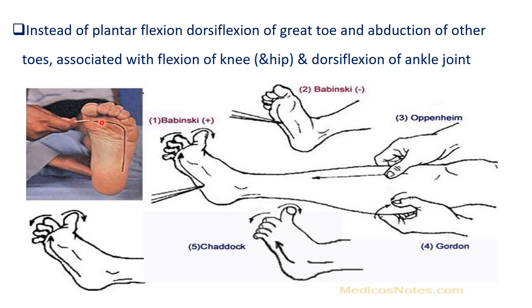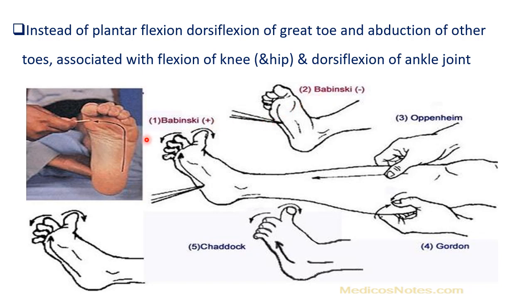The response we get in the form of plantar flexion of the great toe and adduction and plantar flexion of the other toes is known as the normal plantar reflex response. Here they have written Babinski negative, but we don't have any term as Babinski negative; rather, we should say it is a normal plantar reflex.